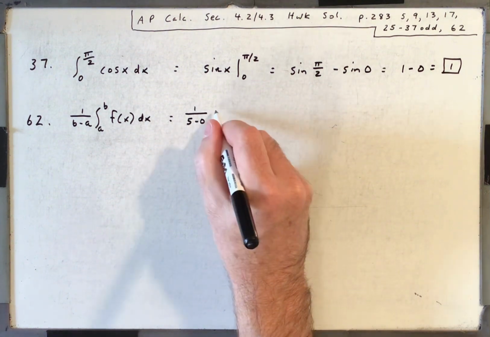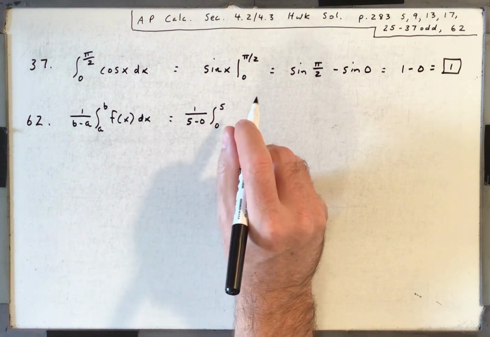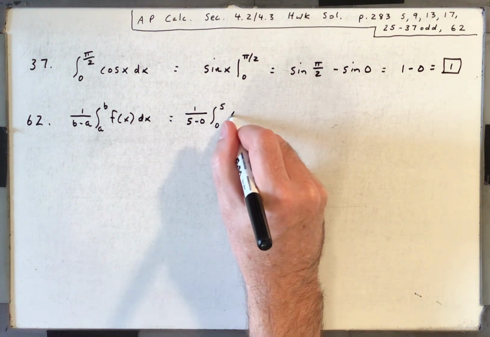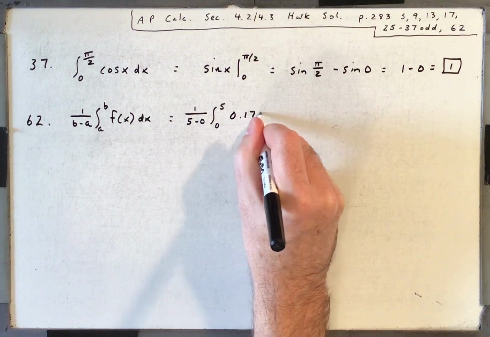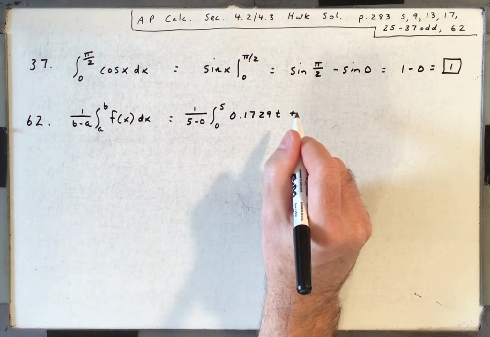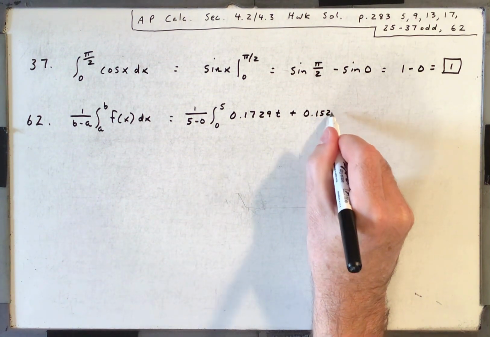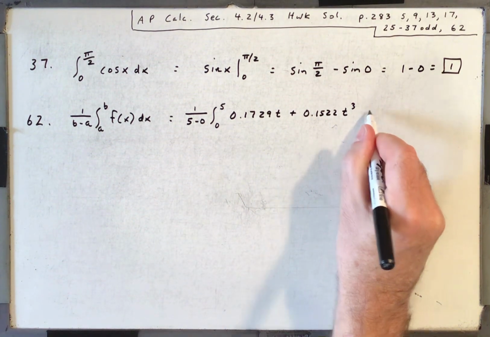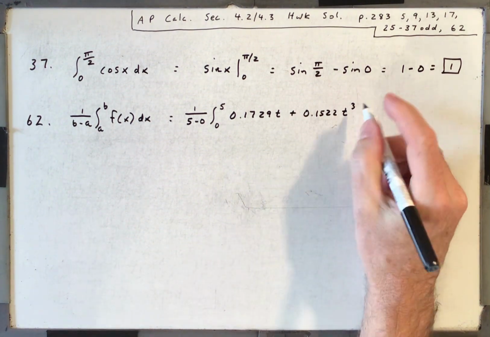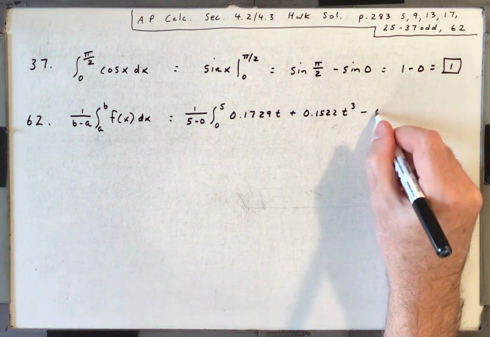We start with 0 seconds. 0 to 5 of the volume function, 0.1729 t plus 0.1522 t squared minus 0.0374 t cubed.